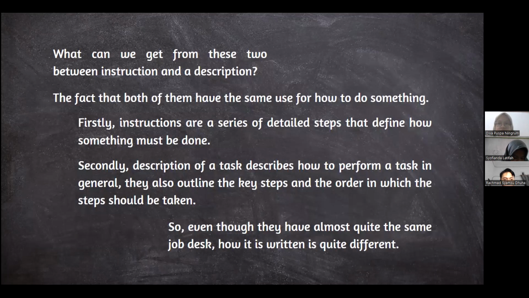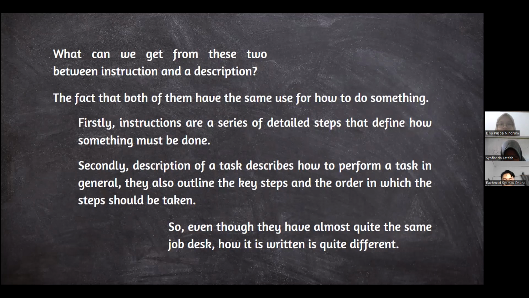So what can we get from these two, between instruction and description? Both of them have the same use, for how to do something. Firstly, instructions are a series of detailed steps that define how something must be done. And secondly, a description of a task describes how to perform a task in general.